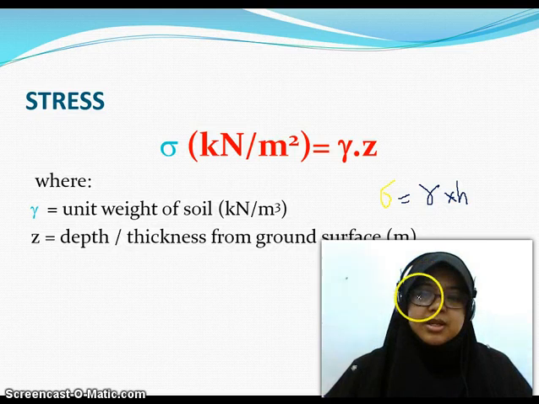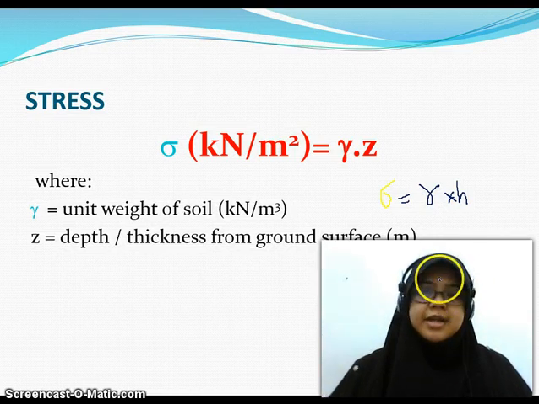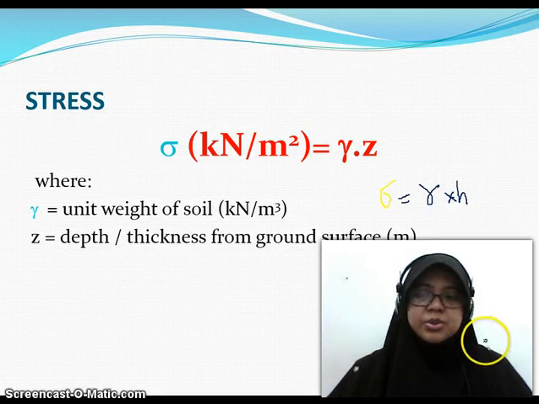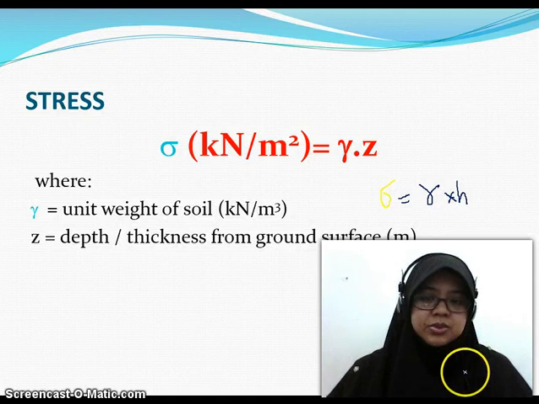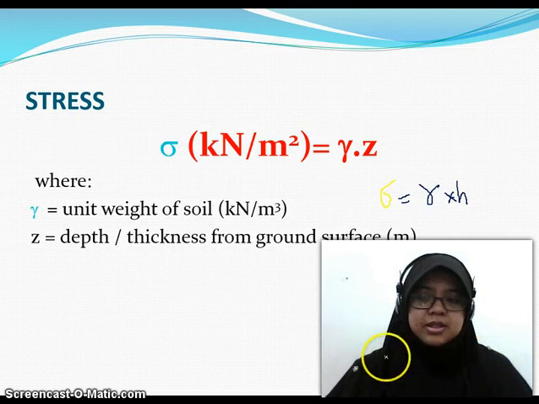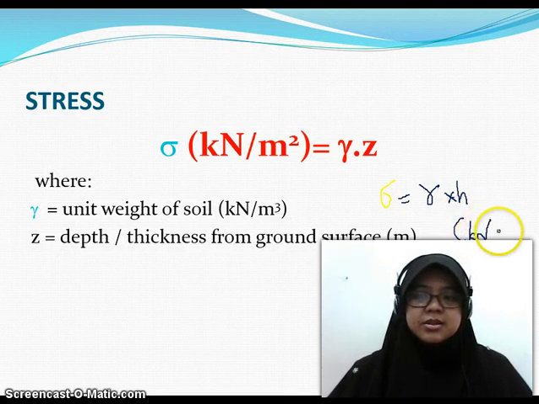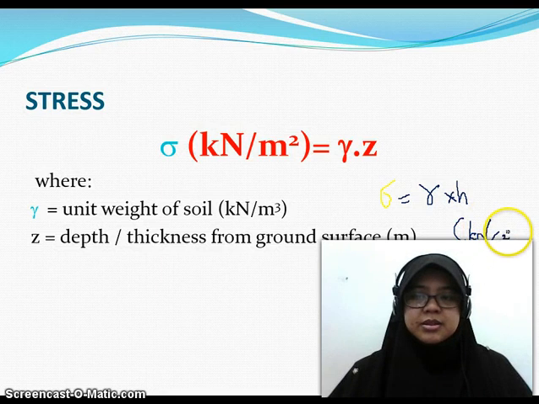Alternatively, it can also be calculated from the density times the height. If we know the density of the soil, we can also calculate it, and the unit is kilogram per meter cube. For the unit weight, the unit is kilonewton per meter cube.